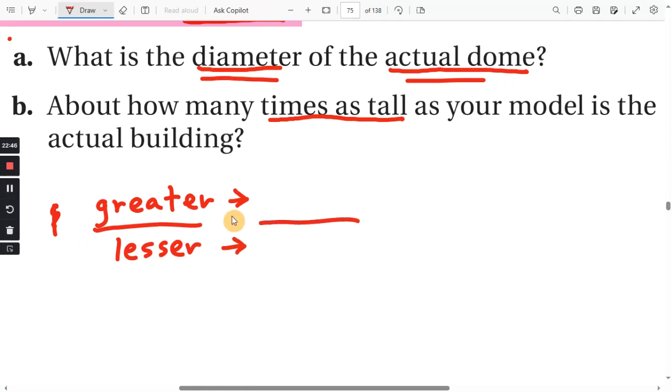Of course, the greater number is the actual building, and the smaller number is the model.